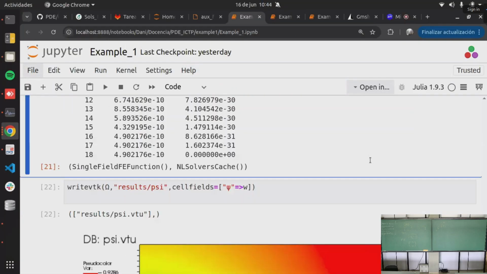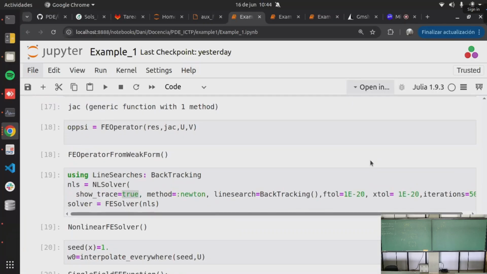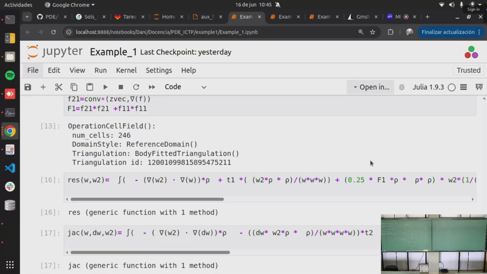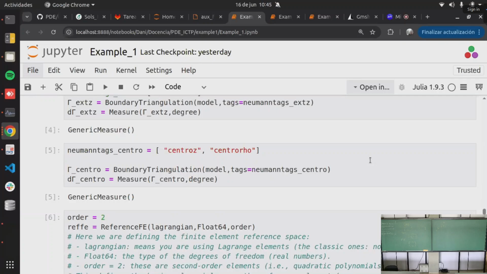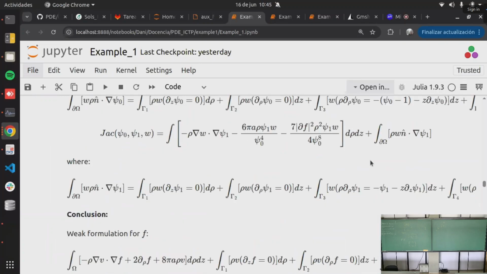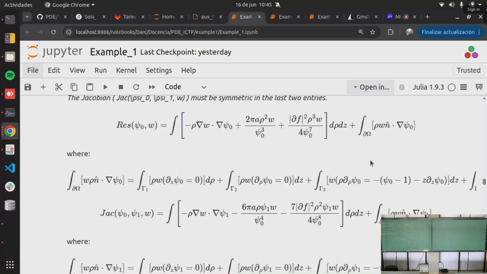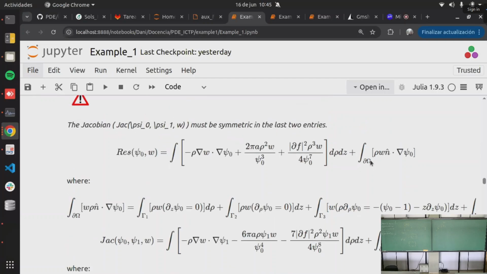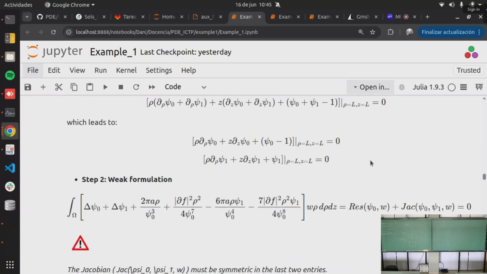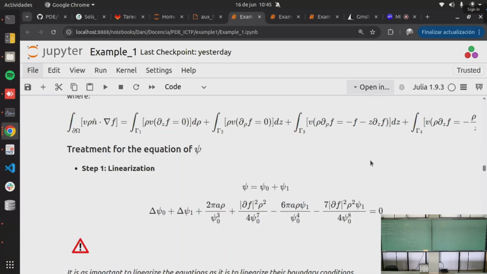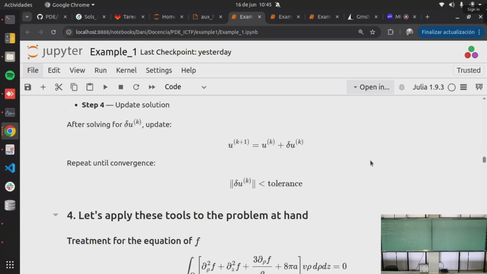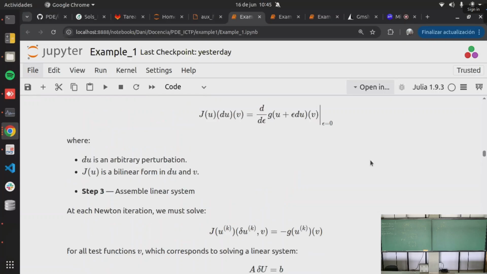And with this, we finish example one. I work a lot with nonlinear PDEs, so Newton-Raphson is a good friend of mine. It's complicated to linearize some equations, but it's a powerful tool.